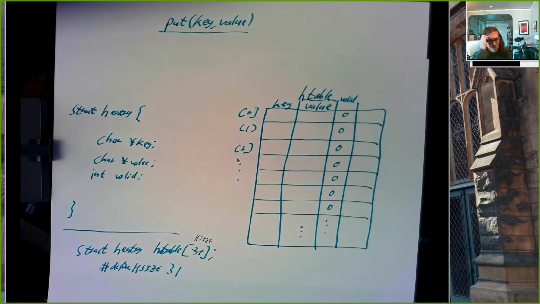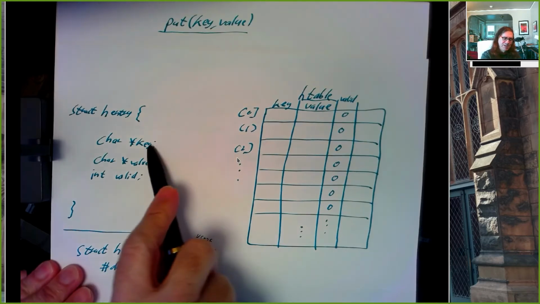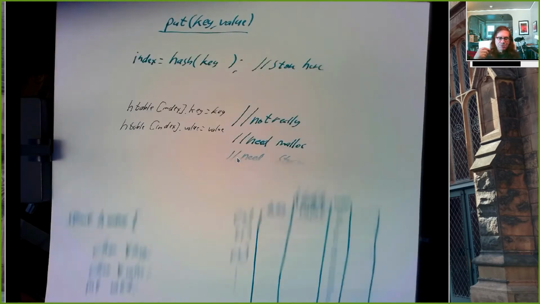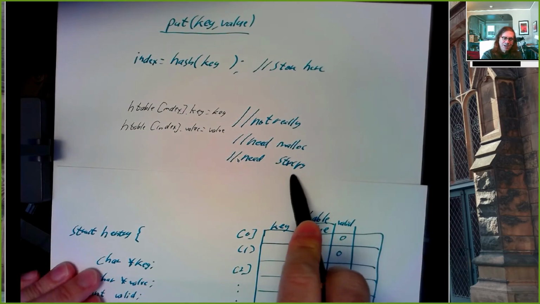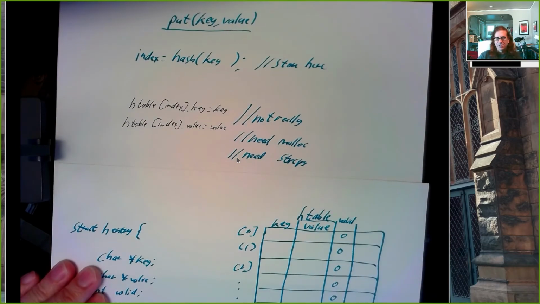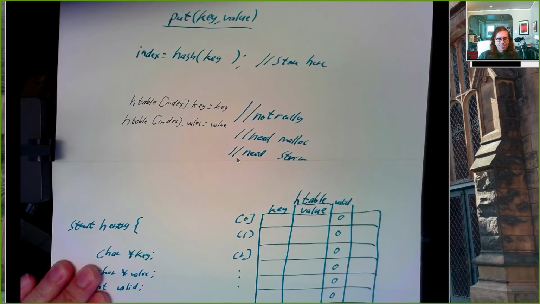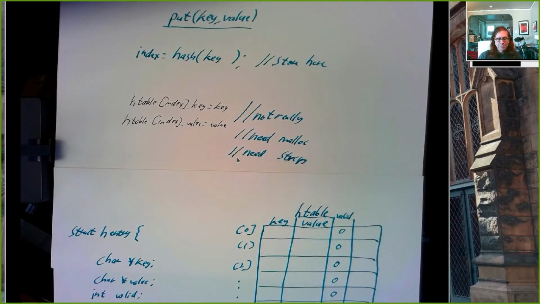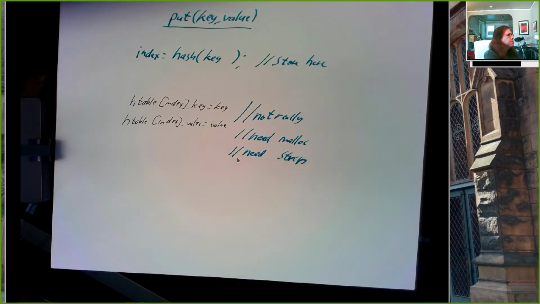But there's two problems with that. One, I'm limiting the size of my key and value to be 50 characters. And two, if my key is only 2 characters, I'm wasting 48 bytes of memory. So generally we would make these pointers to characters, and then when we're ready to store something in there with string copy, we would call malloc first to allocate space. Does that make sense so far?